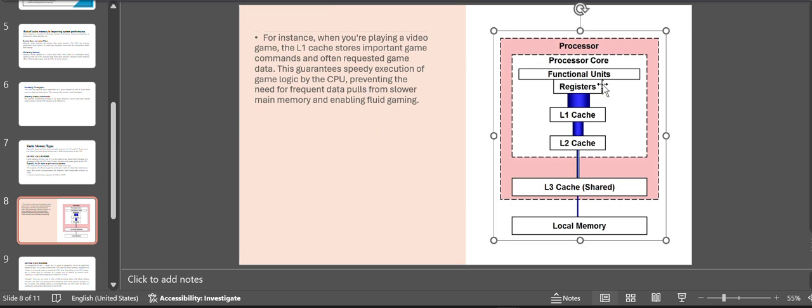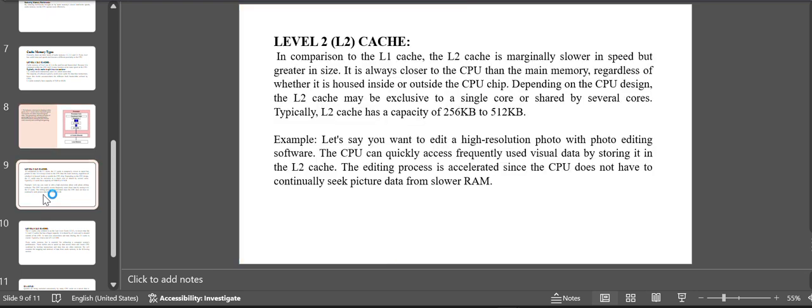You can see here the diagram of the layers of the cache memory, and here level 2. Compared to the L1 cache, the L2 cache is marginally slower in speed but greater in size. It is always closer to the CPU than the main memory, regardless of whether it is housed inside or outside the CPU chip.